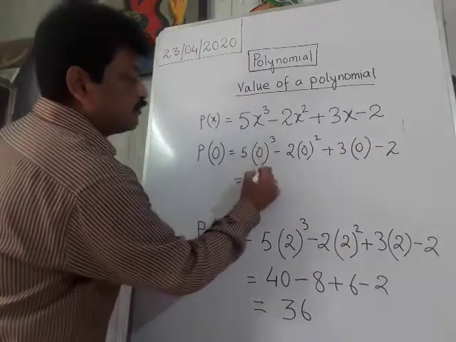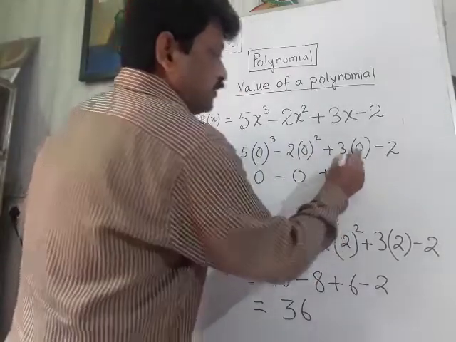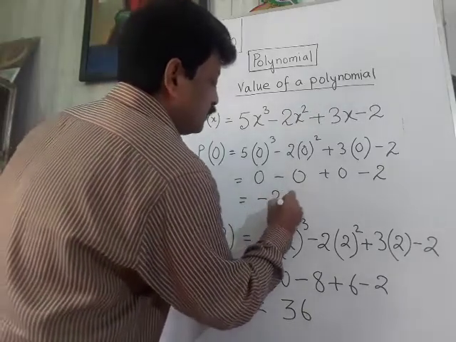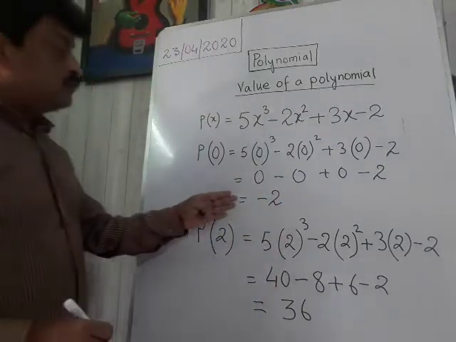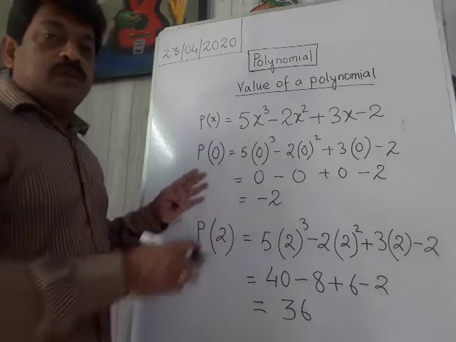So the whole thing will become 0. This one also becomes 0, and so does this one. Minus 2, so we are getting minus 2. That means minus 2 is the value of the polynomial at x equals 0.